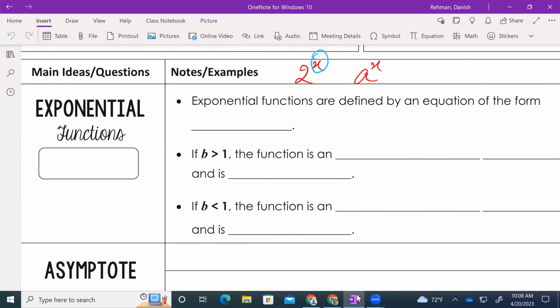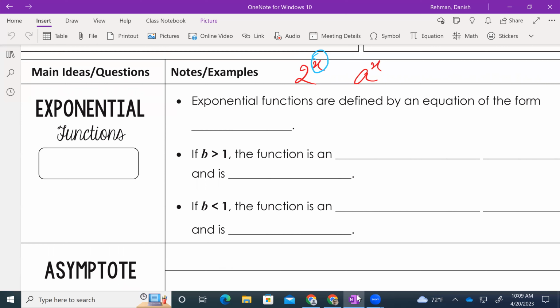You can refer to this whiteboard also. Anything written in the form a raised to power m, the a is called the base, and whatever is the power is called the exponent. So on the screen, 2 raised to power x is in exponential form: 2 is a constant, x is a variable, and the variable is in the exponent.